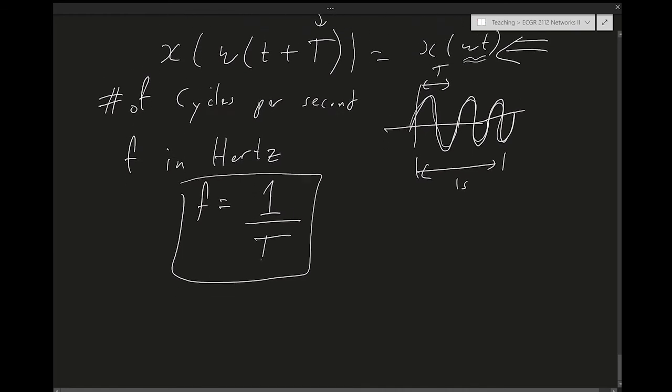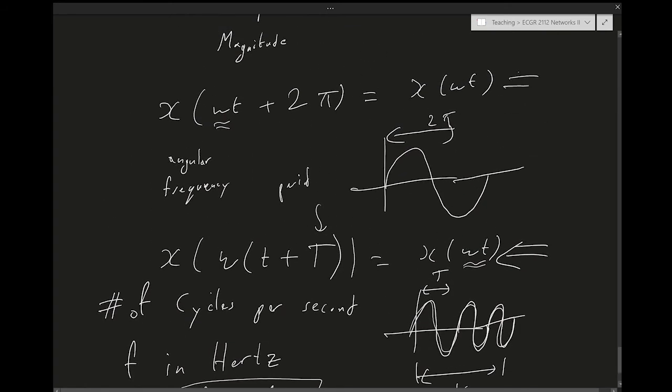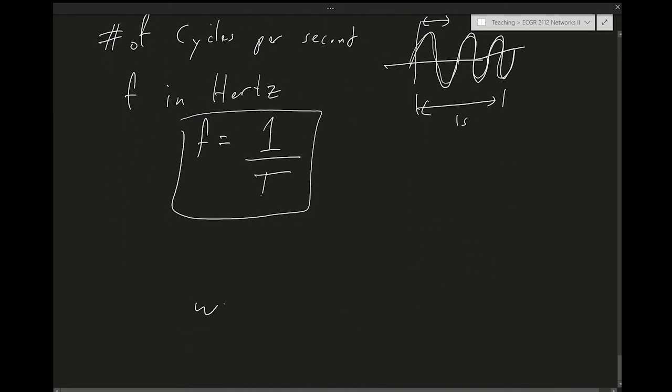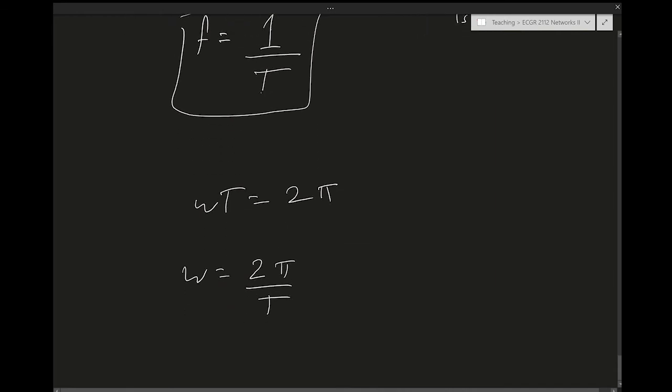How do I do that? Well, from the basic periodicity property of sinusoids, omega T equals 2 pi. So I end up with omega equals 2 pi over T, but I know that 1 over T is f, so I end up with omega equals 2 pi f.